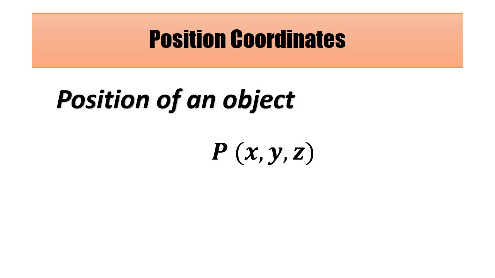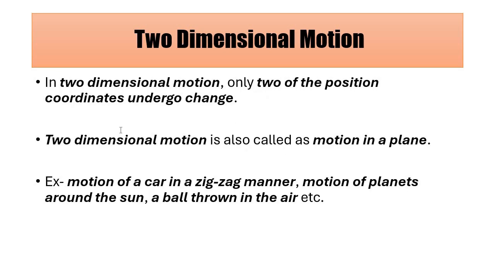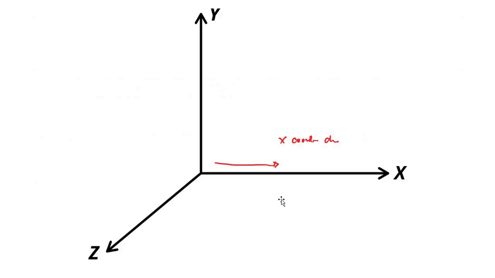Well, in two-dimensional motion, two of the position coordinates will undergo change. Okay, so when two of the position coordinates are changing, let's say the x coordinate is changing and also the y coordinate is changing.